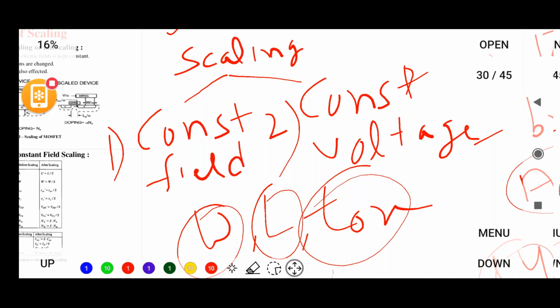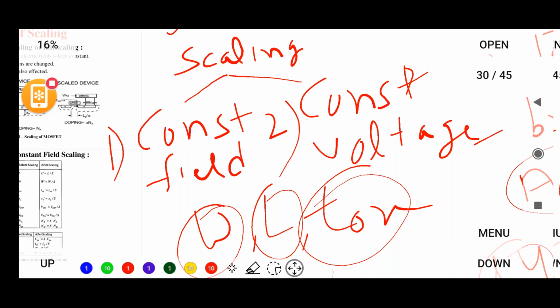So in the constant field, your electric field must be constant. Why is the field not constant? That is one issue. If you change the dimensions, if you change parameters like W, L, and oxide thickness, your electric field may change.